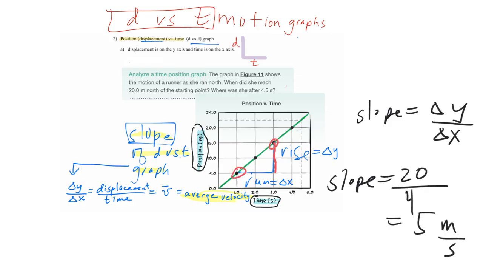The rise would be between 5 and 15, which would be 10, and the run would be between 1 and 3, which would be 2, and it still comes out to 5 meters per second. I'm sure you've found slopes of lines before.